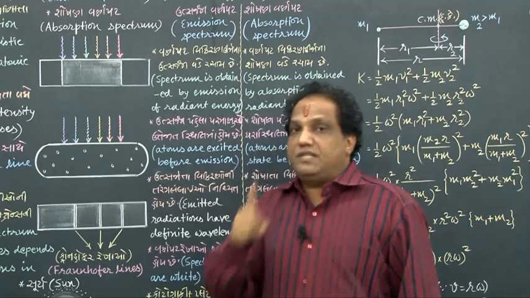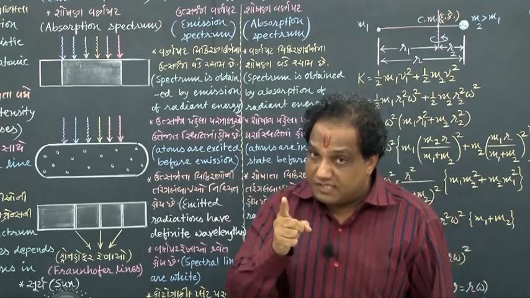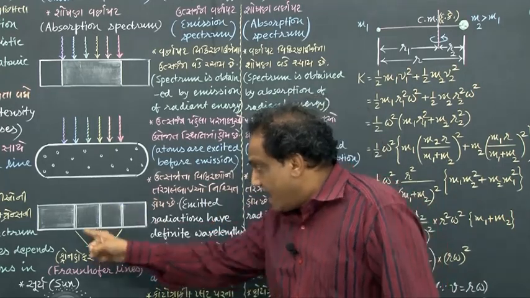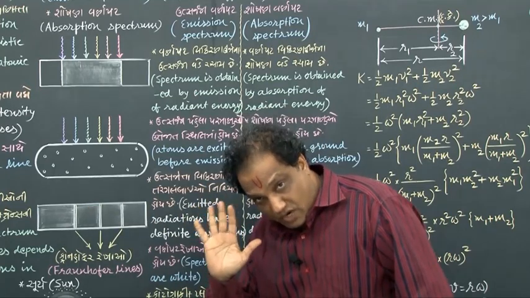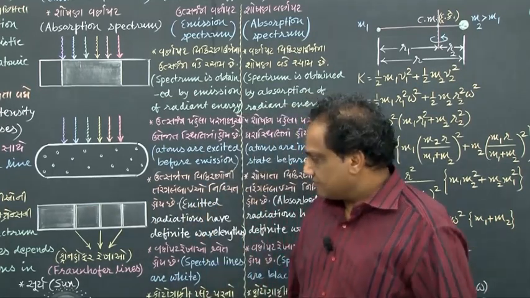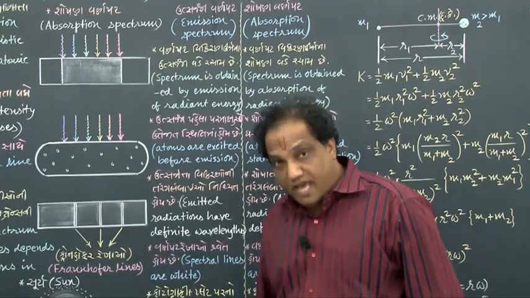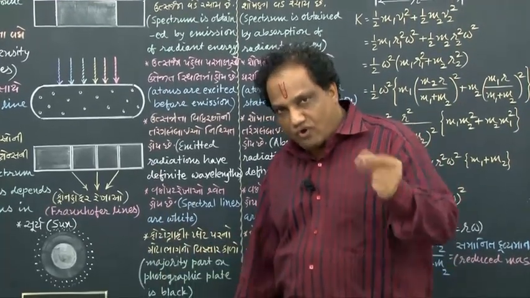Correct? In the emission spectrum, there were white lines between black regions. Here there are black lines between white regions. Got it? Fine. Now these black colored lines are given a specific name. They are called Fraunhofer lines.